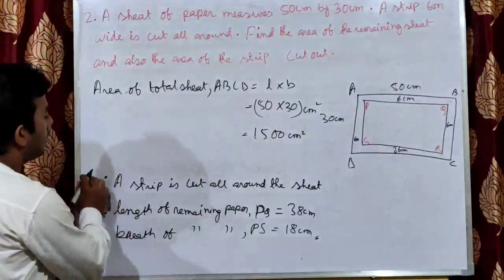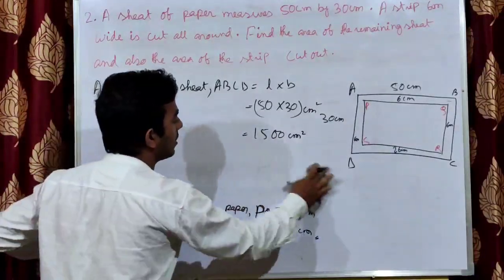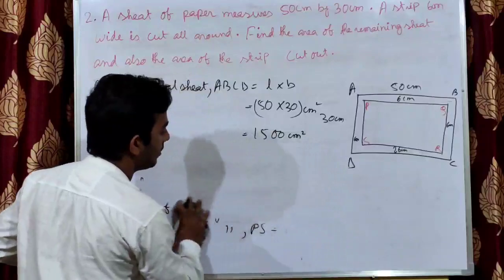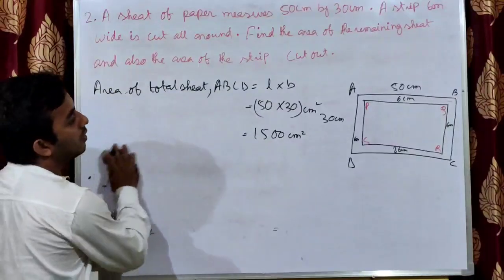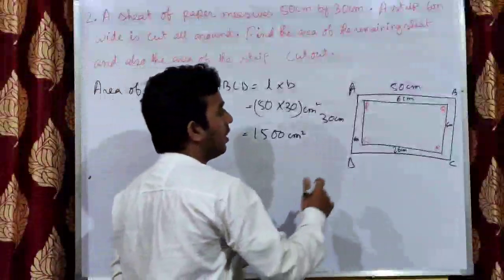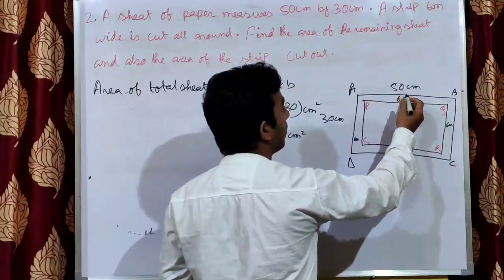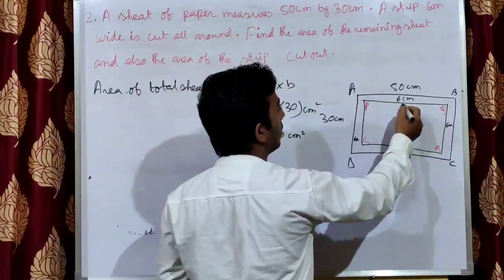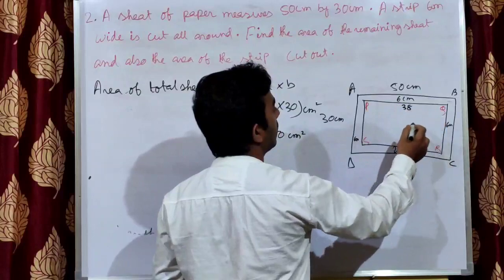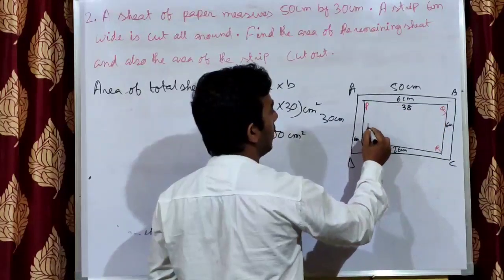Now we have to find the area of the remaining sheet, right? Let us write here, it was 50 minus 12, 38. Length of PQ is 38 and PS is 18.